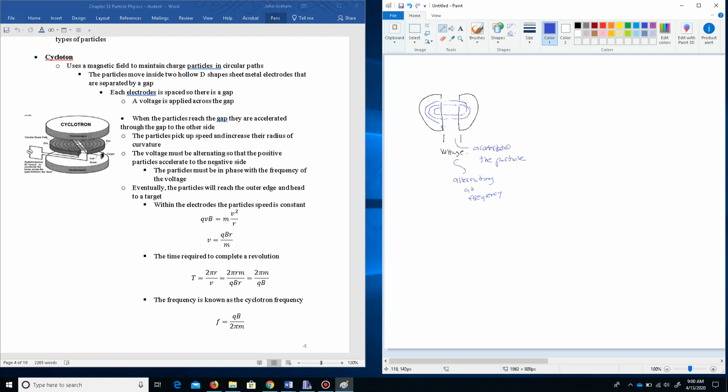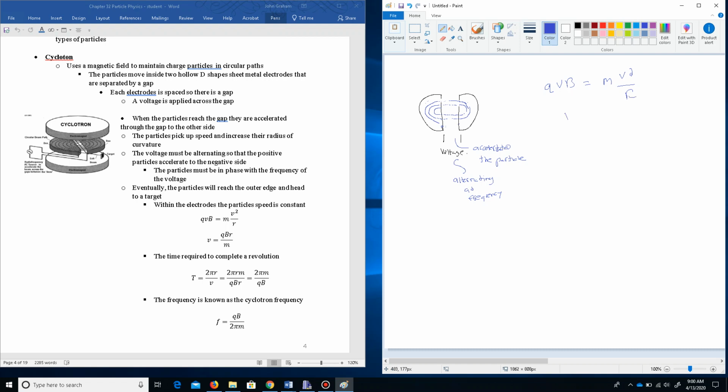So within these electrodes, we have the magnetic force, which is QVB, and it's going to equal the force of the mass times velocity squared over r. This QVB is not changing, so as your velocity changes, your radius will change.